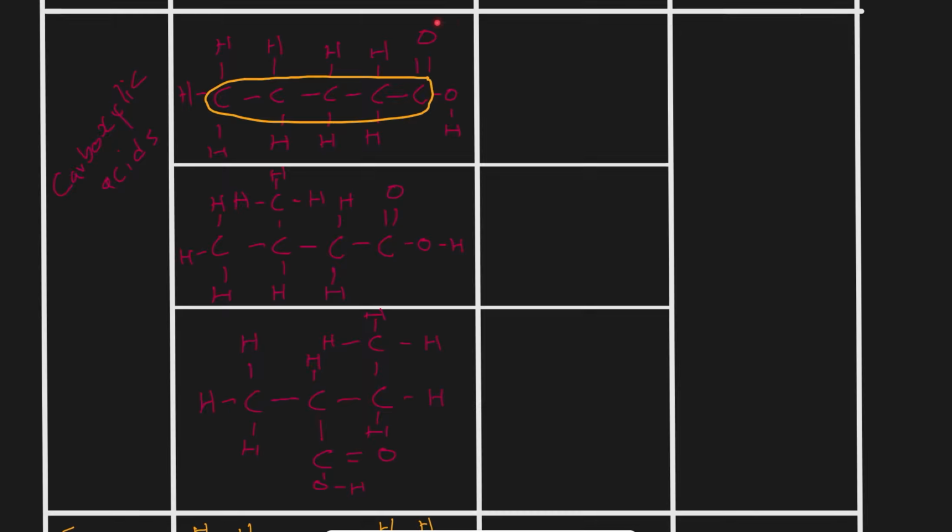So that is going to be a pentanoic acid, because the functional group of a carboxylic acid is always on the last carbon, so you don't have to put the position. So in this case, we just have pentanoic acid. That will be the name of this carboxylic acid.